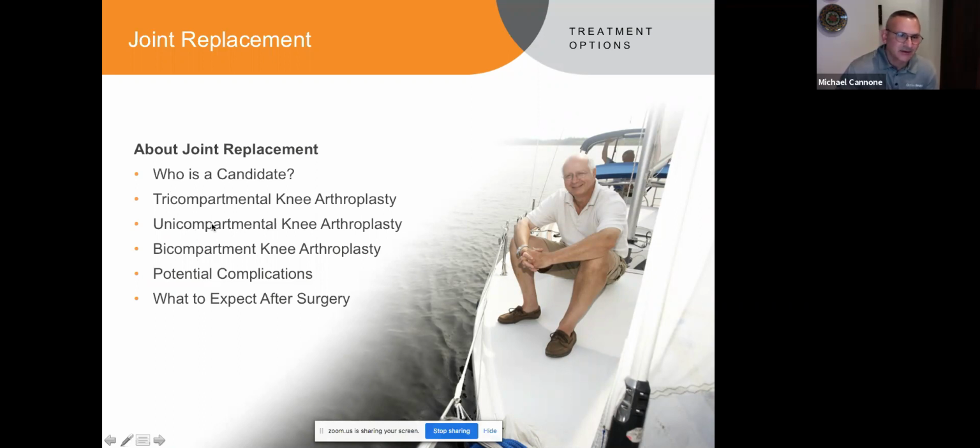And anytime you go for a partial knee replacement surgically, there's always the chance that at the time of surgery, when you're looking right at the joint surfaces, the arthritis is so bad in the other compartments that it would require total knee replacement as opposed to partial knee replacement.